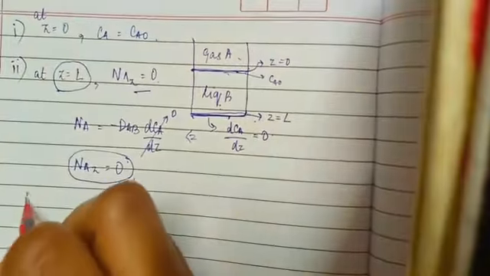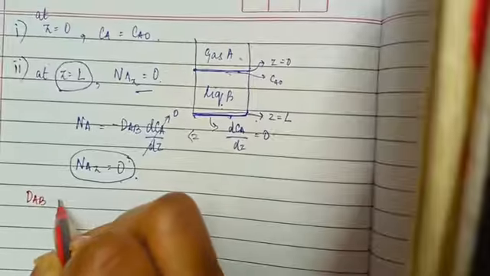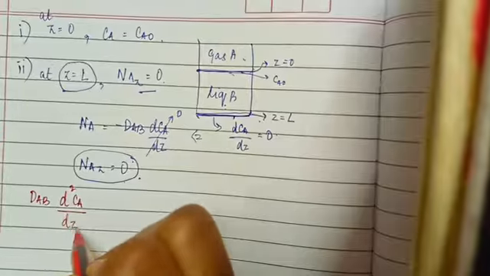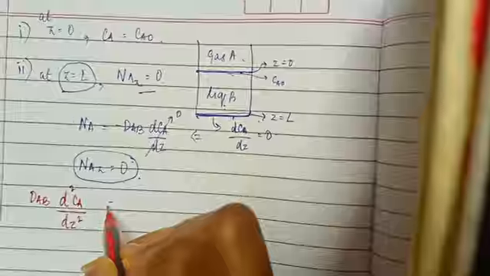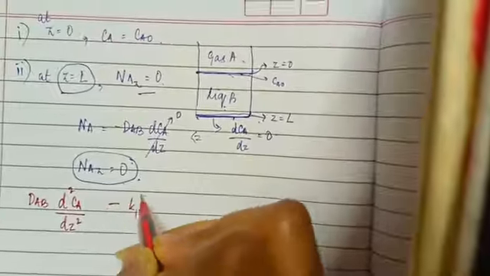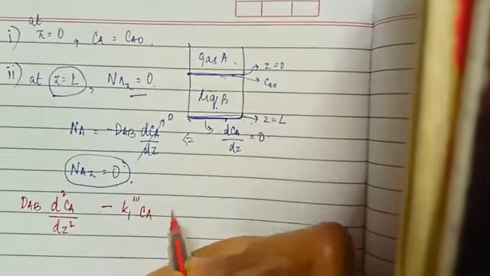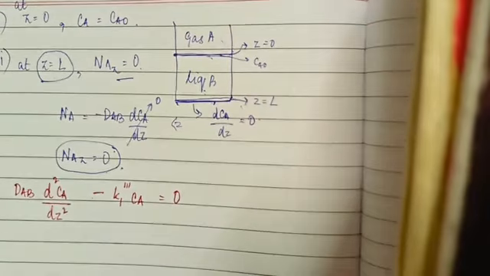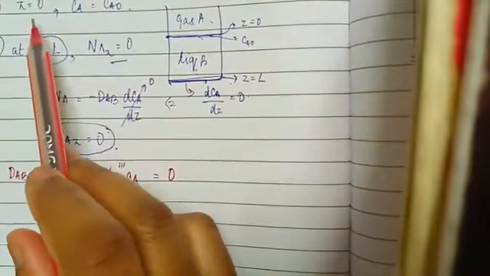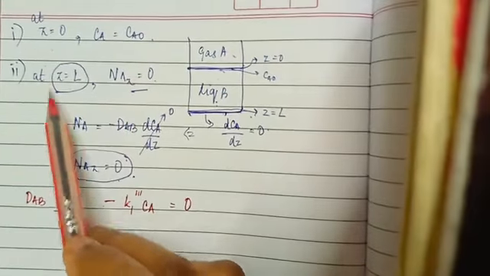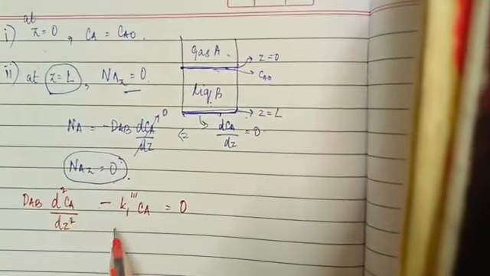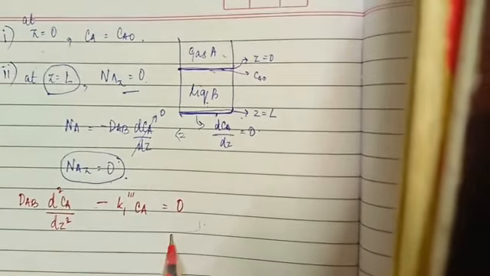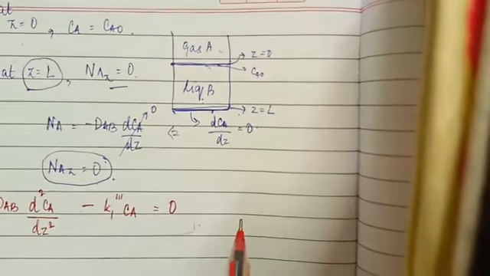that we have received as DAB into d square Ca by dZ square minus K1 triple dash Ca is equal to 0. Now we see that on putting these two boundary conditions, we get a lot of variables, due to which solving this differential equation becomes quite difficult and tedious.